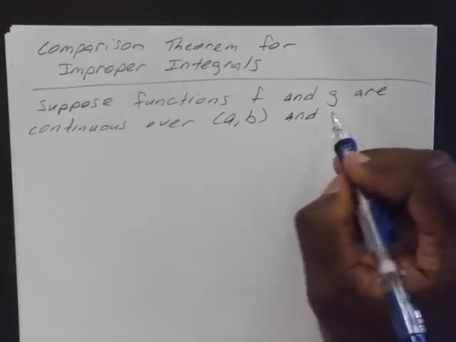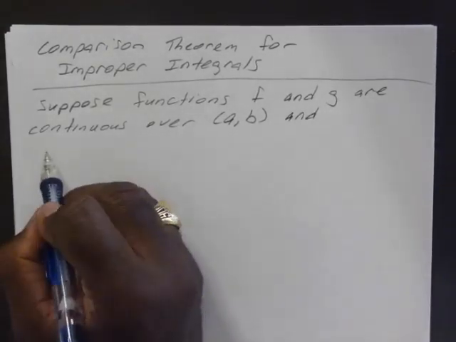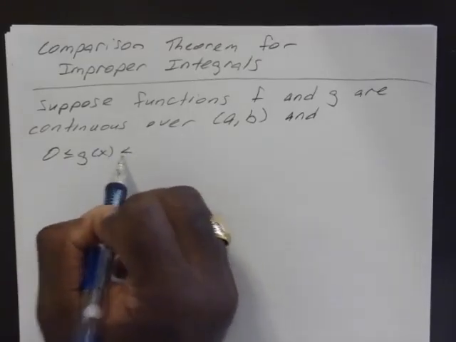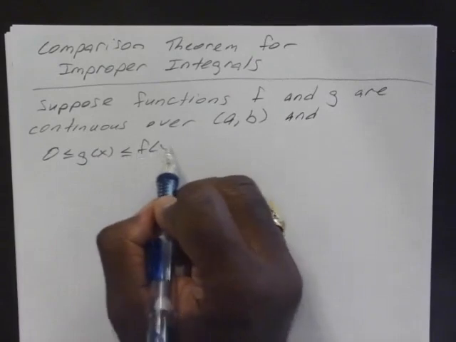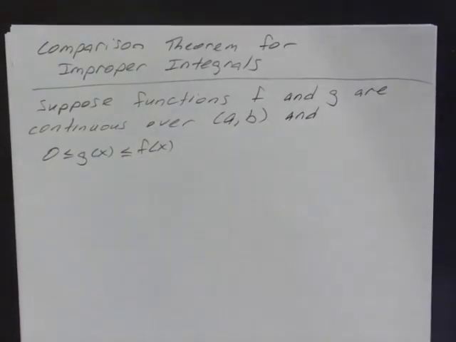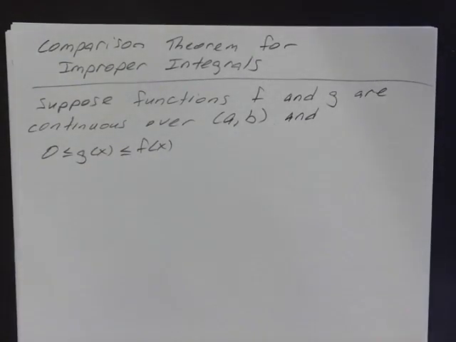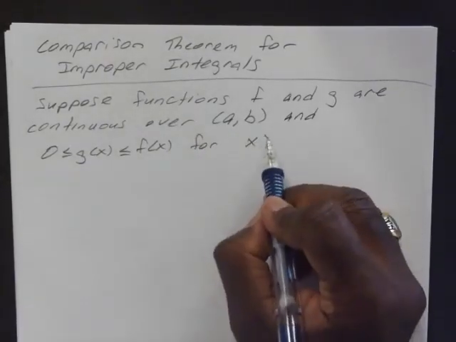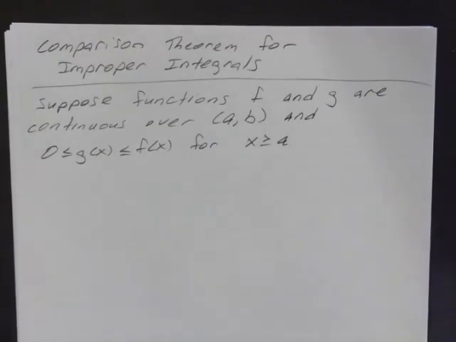And we know over that interval that g of x is less than or equal to f of x. And both are greater than 0, for x greater than or equal to a.